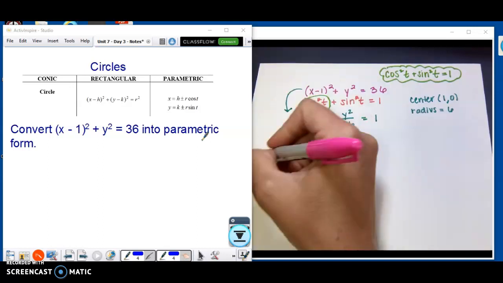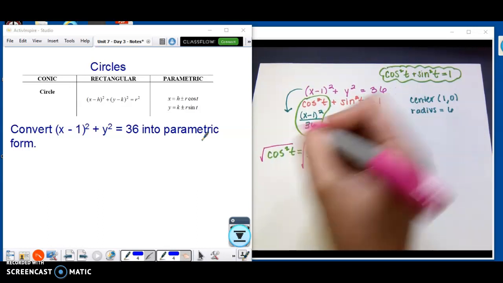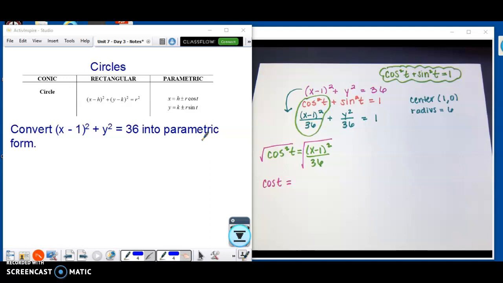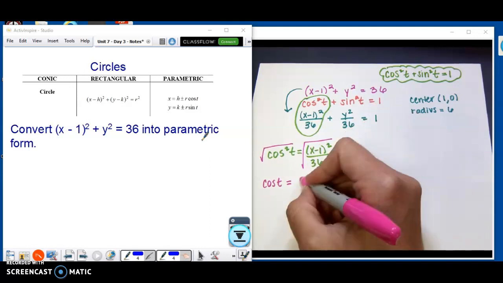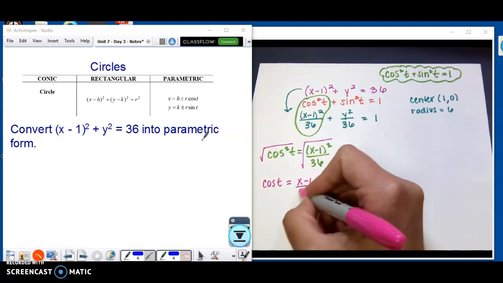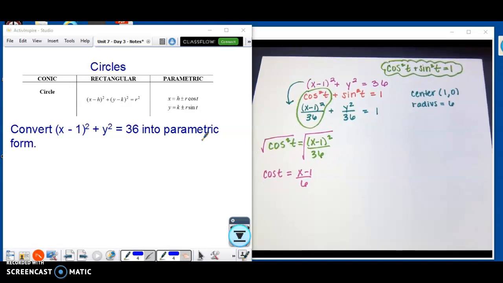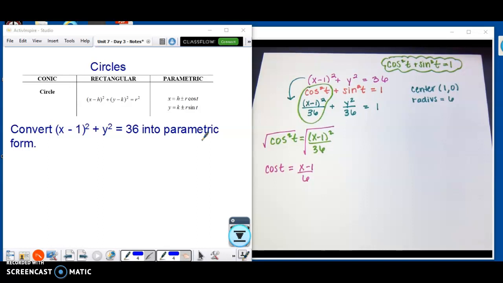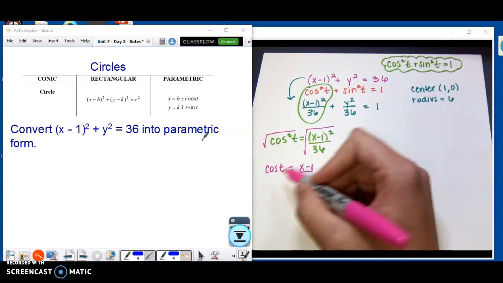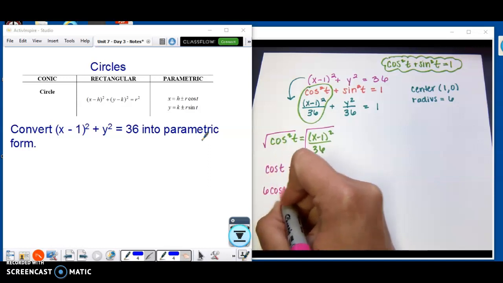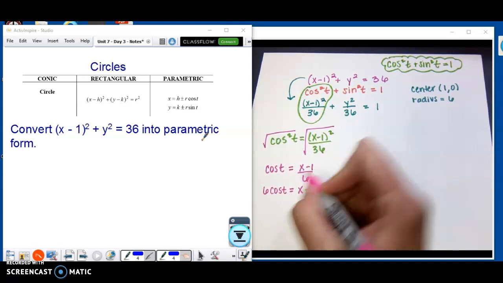So to get rid of the squares, I'm going to square root both sides. This would leave me with just cosine t, x minus 1, and the square root of 36 would be 6. Now remember with parametric equations, you have an equation for x and you have an equation for y. So we want to solve this equation for x. I'm going to cross multiply, and we'll have 6 cosine t equals x minus 1.